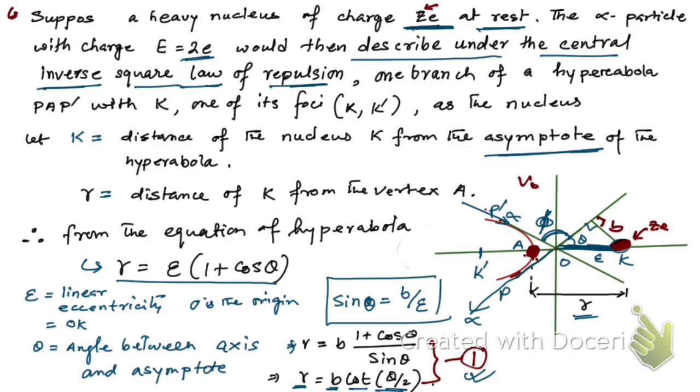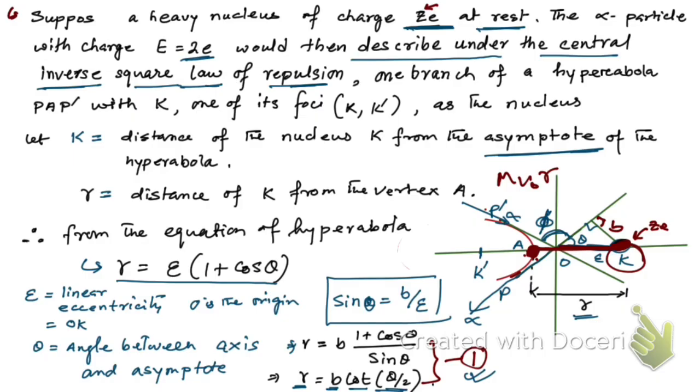So linear momentum must be m v naught, and the distance from the point where we have the nucleus, in order to find the angular momentum about this point, we have to multiply by this distance r, right? That's how we get angular momentum.